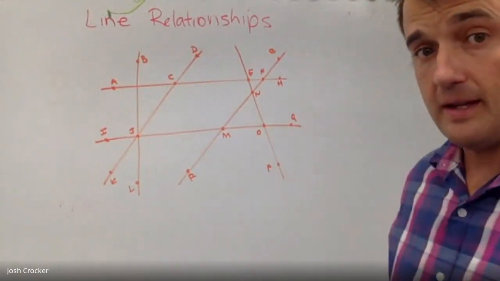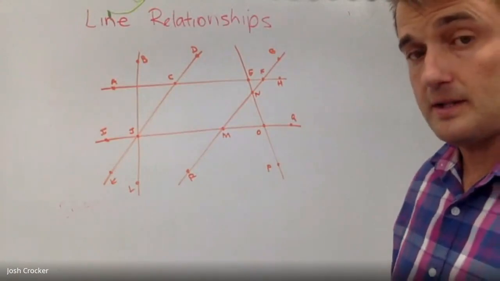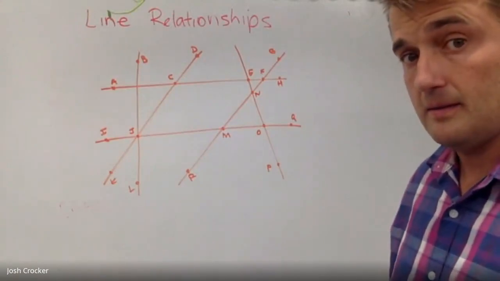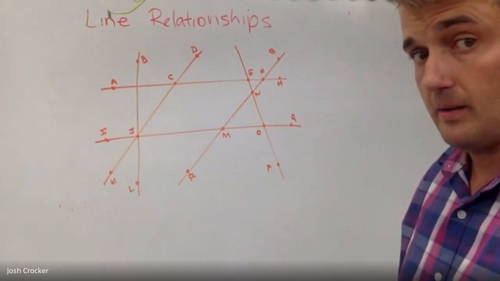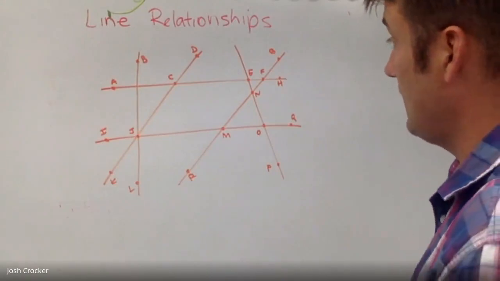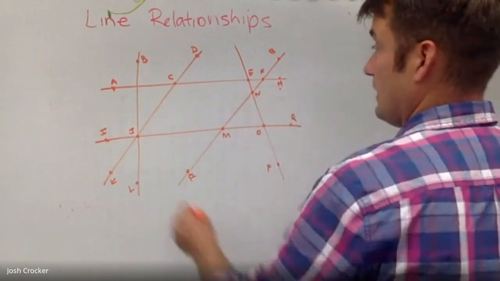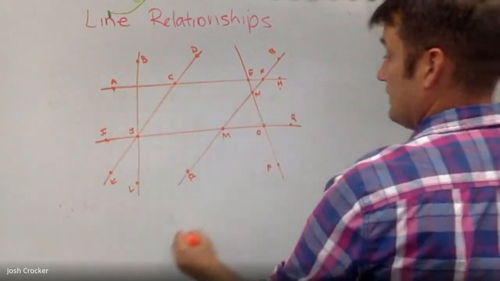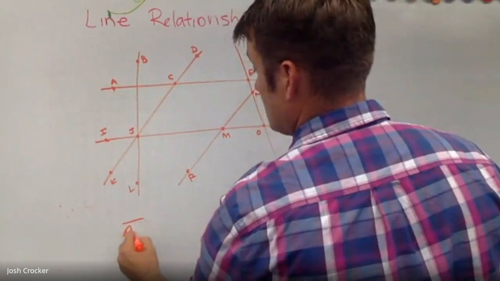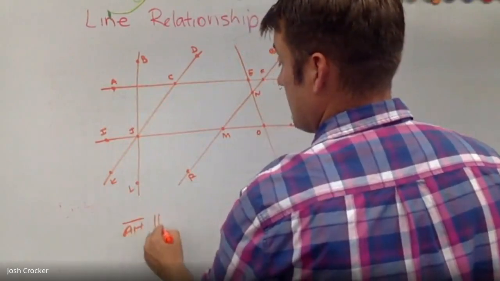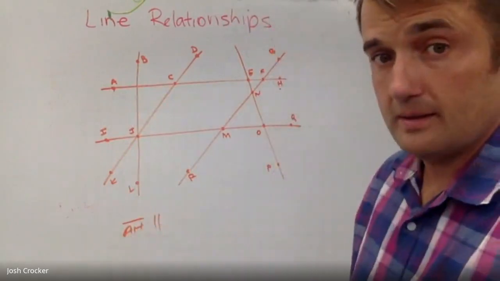Do we have anything in our drawing that looks parallel? I think we do. We might have two. So segment AH, this whole line, is parallel to what?